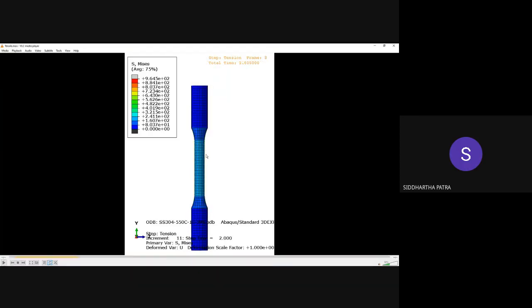Just note what is happening just before the video ended. At the central portion, the reduction in the area, throughout the elongation, the area was reducing.